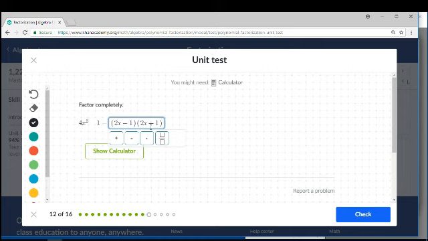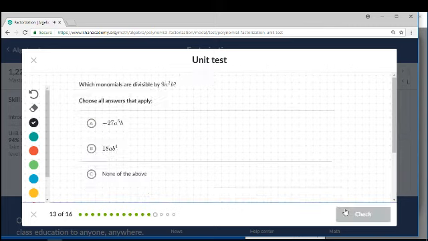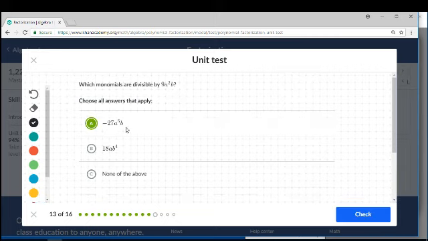Well, negative 1 times 1 is negative 1. 2x times 2x is 4x squared. 2x times 1 is 2x. 2x times negative 1 is negative 2x. Those 2x and negative 2x cancel out. Divisible by 9? Yes. Yes. A squared. Yes. No. B. Yes.